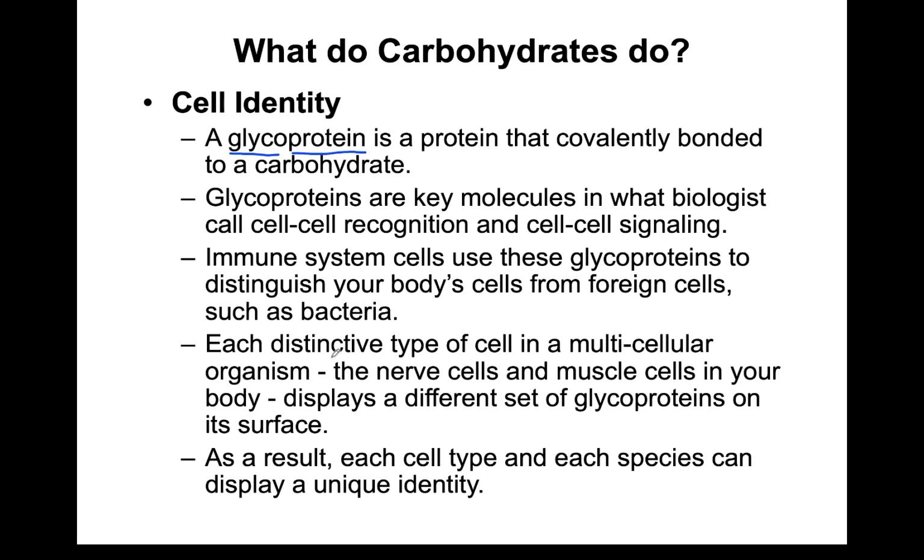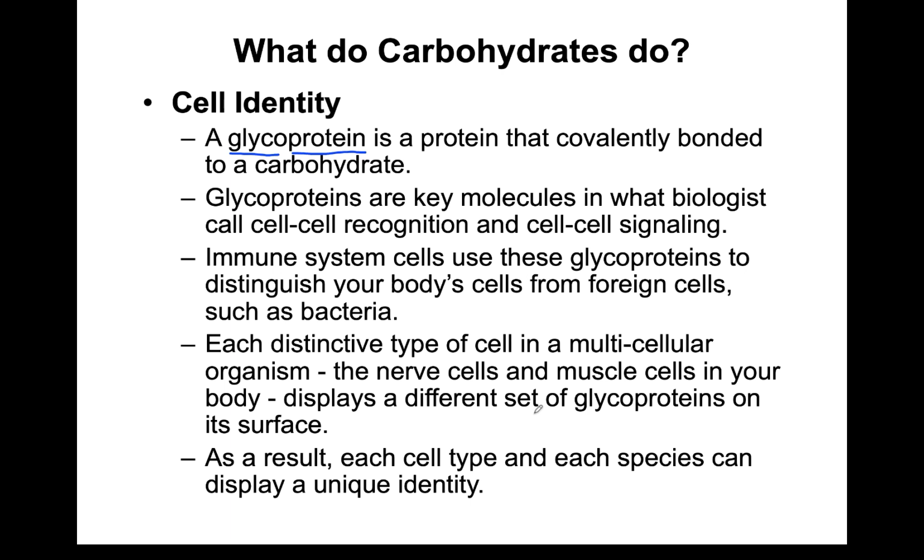Each distinctive type of cell in a multicellular organism, the nerve cells and muscle cells in your body, displays a different set of glycoproteins on its surface. And the immune cell reads those different types of glycoprotein, and then they already have information. Oh, certain types of glycoprotein attached on the cell surface, that is extremely normal.